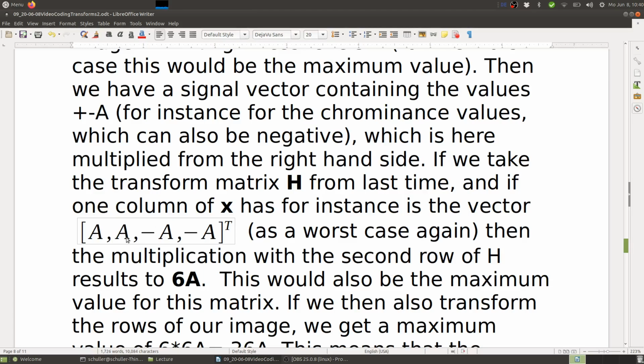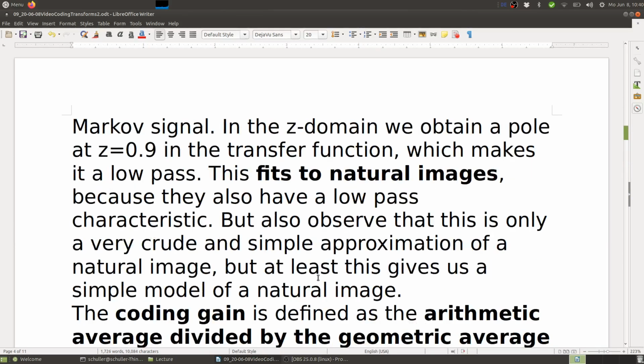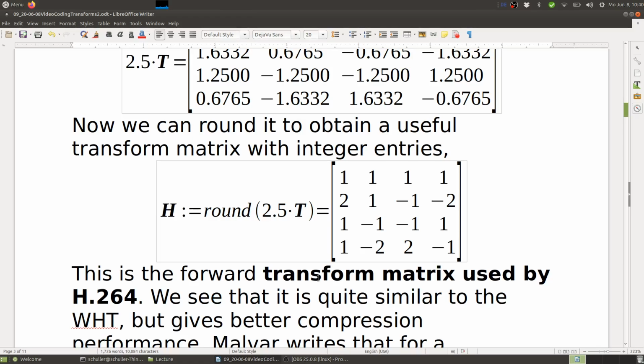So here the first half is positive, the second half is negative, and this is your H, and we multiplied with the second row, which is this one here. Here you can see you have 2A, 1A, so this is 3A, and here we have the sign change, which compensates with the sign change in the signal. Then we have another 3A, so the total is 6A, and it turns out this is the largest that you can get using this matrix, 6A.